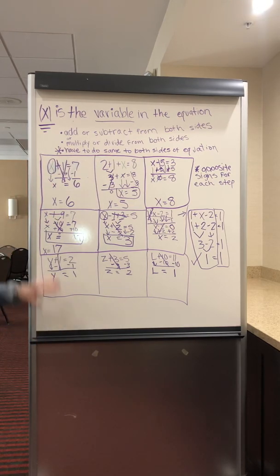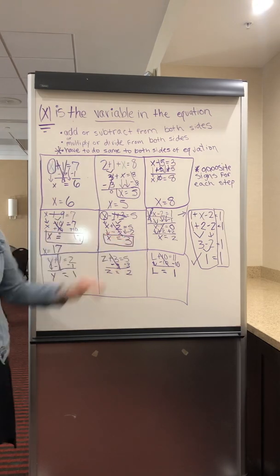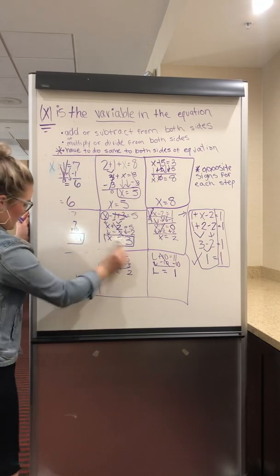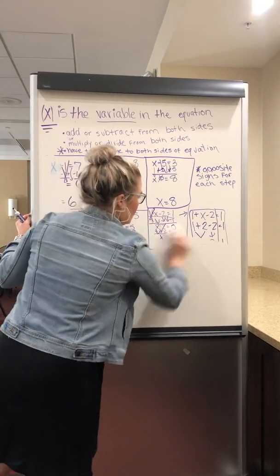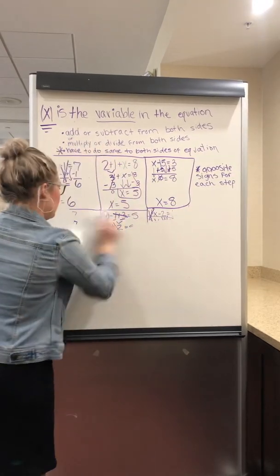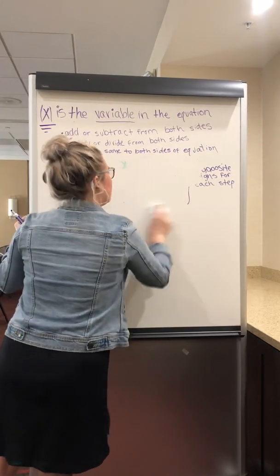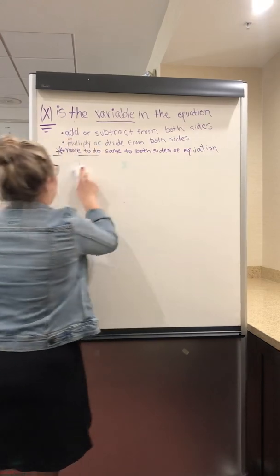I'm gonna give a minute just to make sure you have these definitions and tips pointed out, to make sure you have your checking written down, and then I'm gonna erase and I'm gonna move on to multiplying or dividing by identifying the variable. So now we have that all written down.